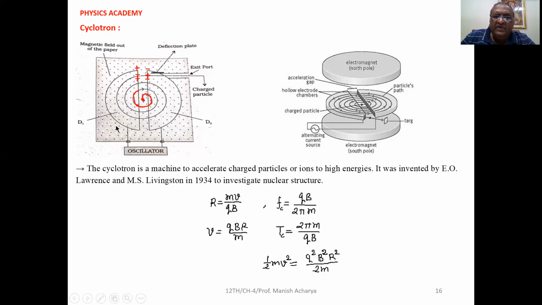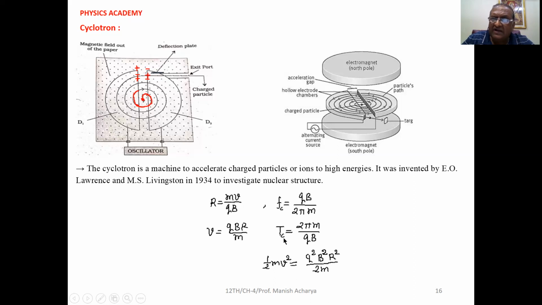And here we can write the radius of the circular path, that is mv upon qB, which we derived already. Now frequency, that is qB upon 2 pi m. Here the frequency is called cyclotron frequency, so suffix c is written.